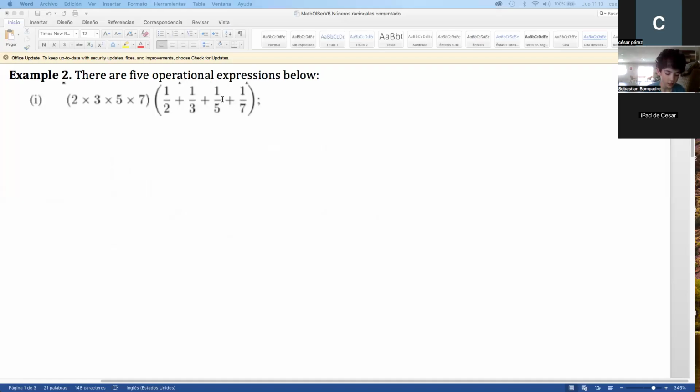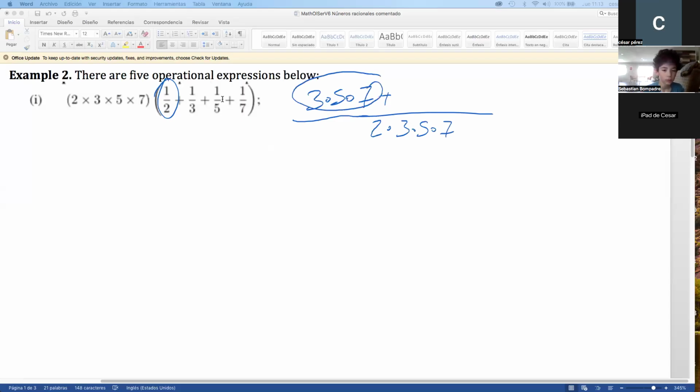It expands, so the numerator is 2 plus 3 plus 5 plus 7. And the denominator is 2 times 3 times 5 times 7. The first one must be 3 times 5 times 7. This divided by this gives 1/2.